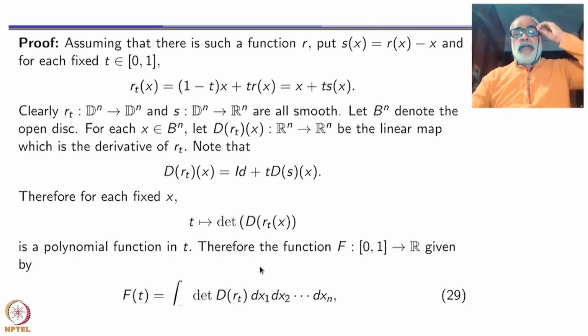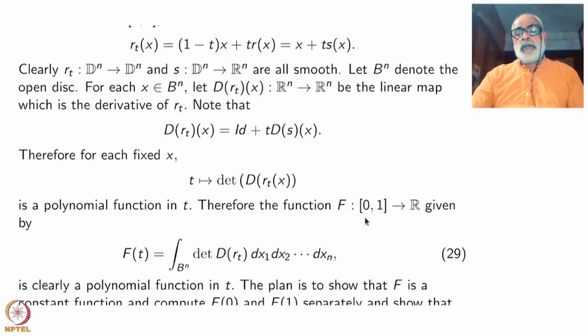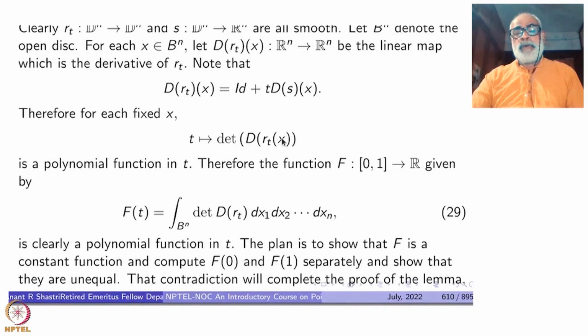Therefore, I define the function f from the closed interval [0, 1] to R by taking the integral of this function, the determinant of d of Rt, integrated on the entire open ball Bn. Remember that this function is a continuous function, because we started with a C1 function and then taken its derivative. So the derivative is a continuous function.